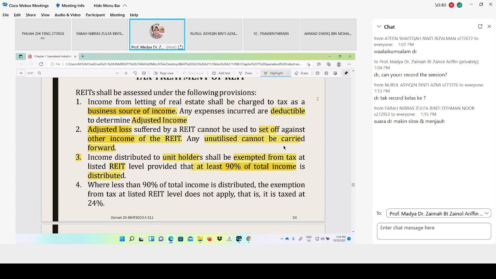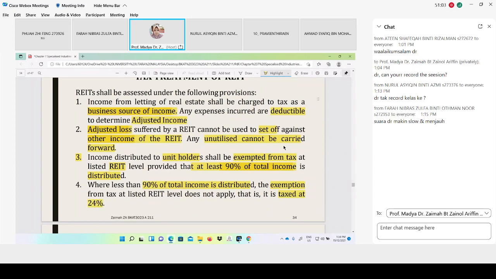If less than 90% of total income is distributed, there is no exemption given to the REIT, so they will be taxed at 24%, the corporate tax rate.